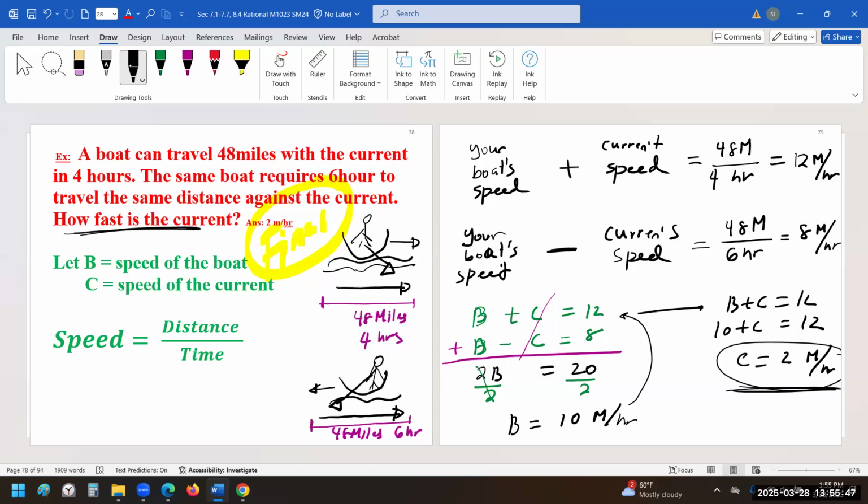Your boat or the current? Both. That's why it's subtracted here, because both must have higher speed, the faster speed, right? In real life, unless it's in what's called a tornado. If you have a tornado, definitely the tornado has higher speed, faster speed. But this is a normal scenario.